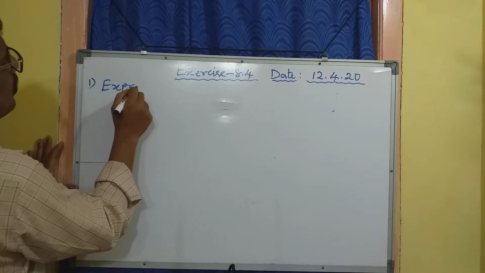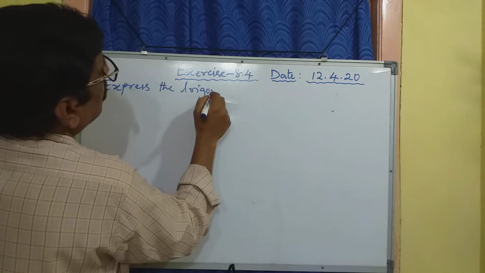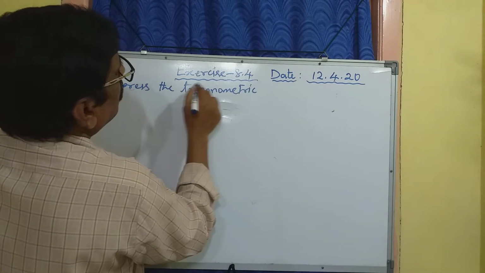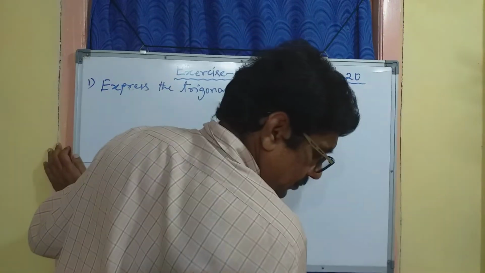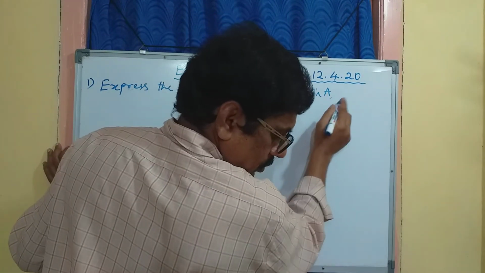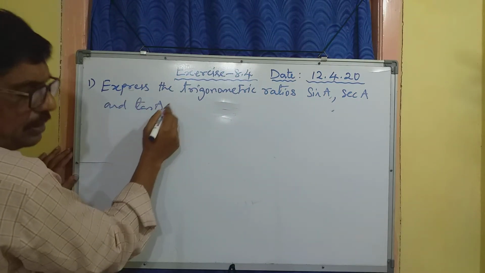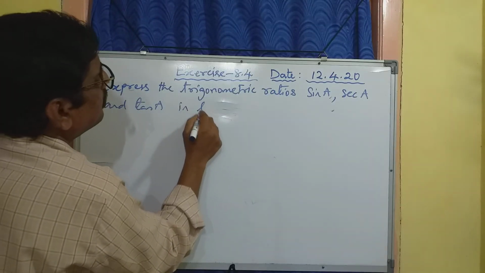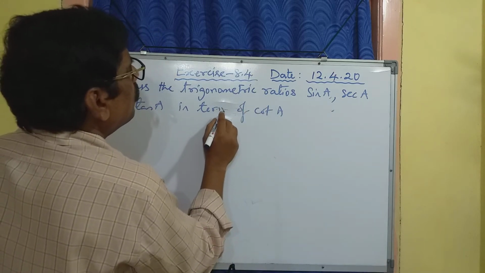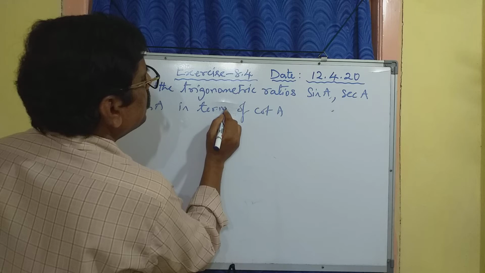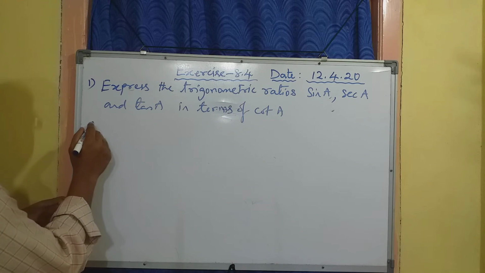Express the trigonometric ratios sin A, secant A and tan A in terms of cot A. So let us do this problem with the help of identities which we have proved. Now, first of all, sin A.